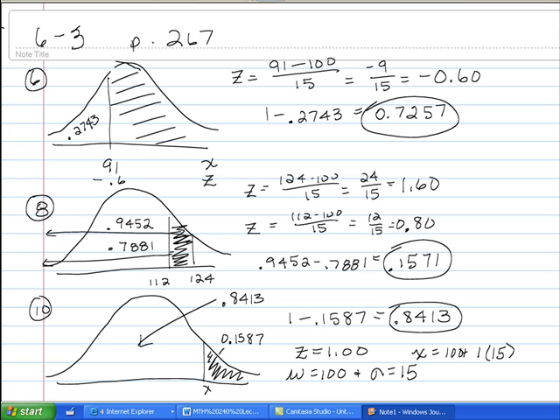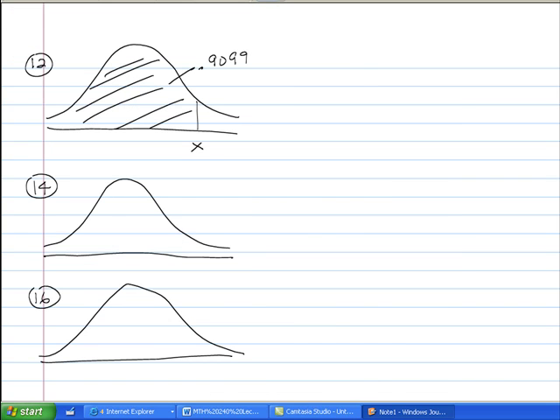Okay, and number 12, our area to the left of our x is 0.9099. And we can see this is again a positive z-score that's going to go with that x. So 0.9099. Don't have to do any subtraction here. Alright, in the table I find the 0.9099 in the body.